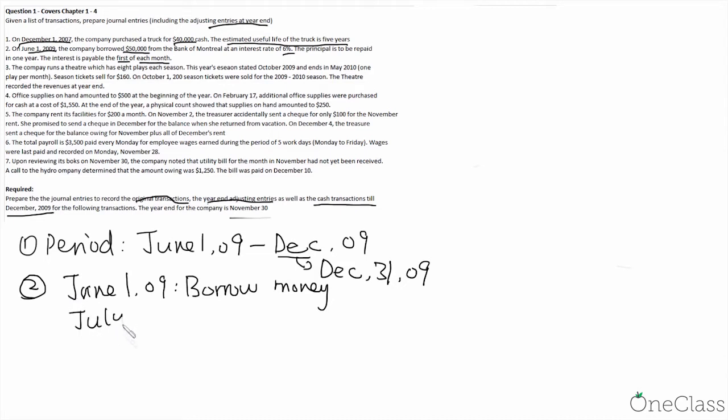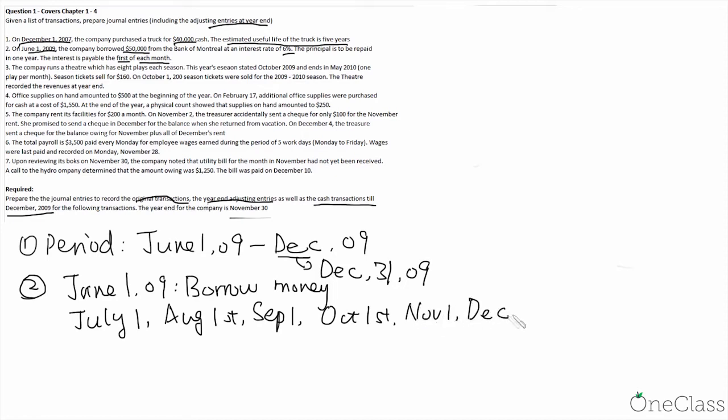So from July 1st, August 1st, September 1st, October 1st, November 1st, and December 1st, we all need to book the interest that we have been charged.